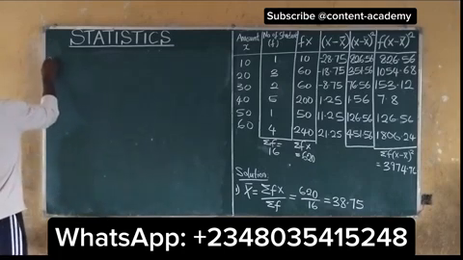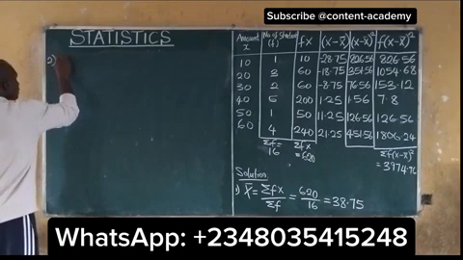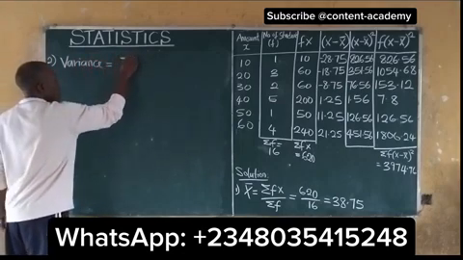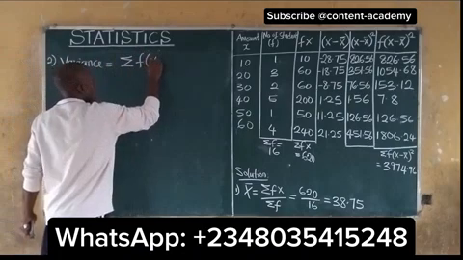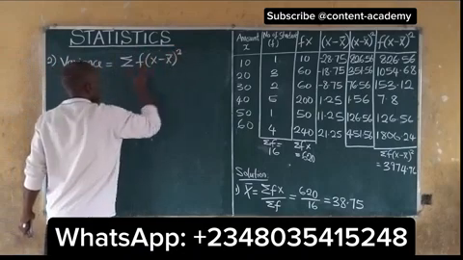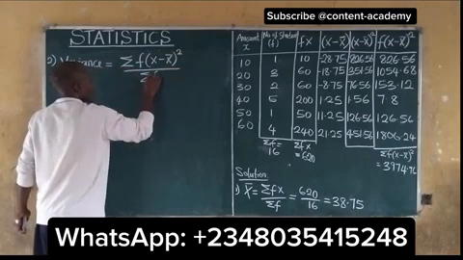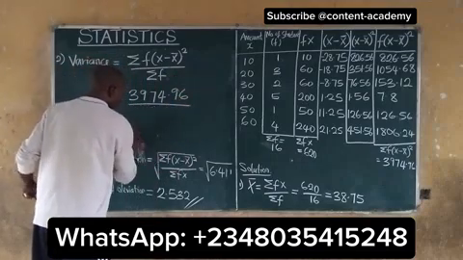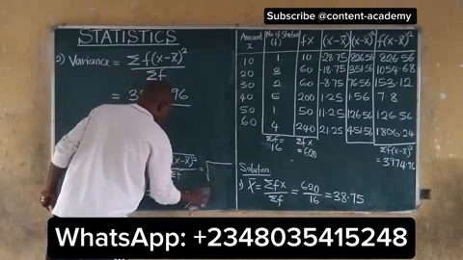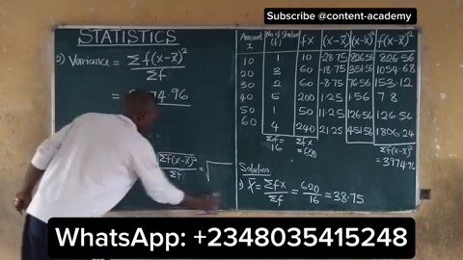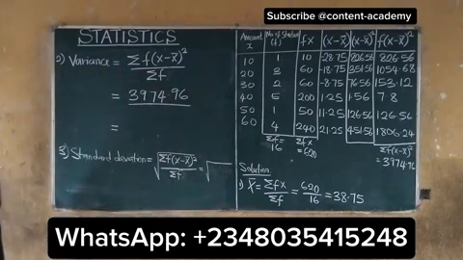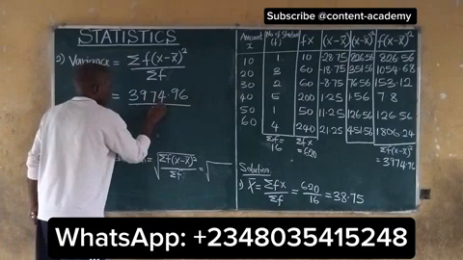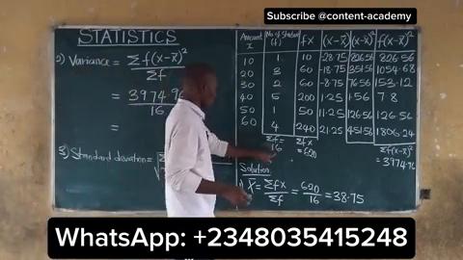Alright, number 2. We are asked to calculate the variance. The variance, as we have written before, is equal to the summation of f of x minus x bar raised to the power of 2 divided by the summation of f. The summation of f is 16.